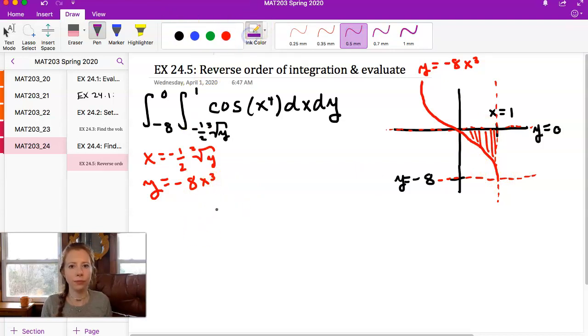So it's going to be the integral from 0 to 1, that's our X, and from -8x cubed to 0 for our Y, and we still have cosine x to the 4th dy dx.